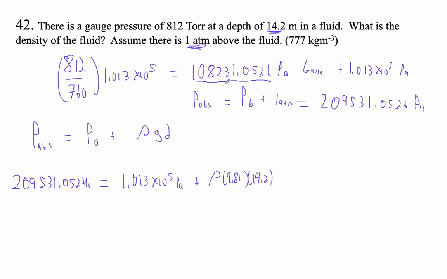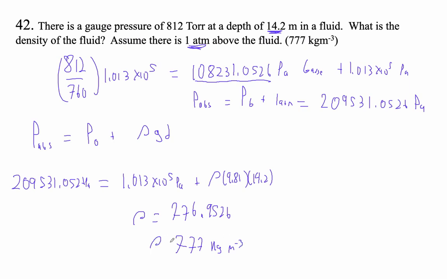Divide by 9.81, divide by 14.2, and I get that the density is 776.9526. With 3 sig figs, we'd say 777 kilograms per cubic meter.